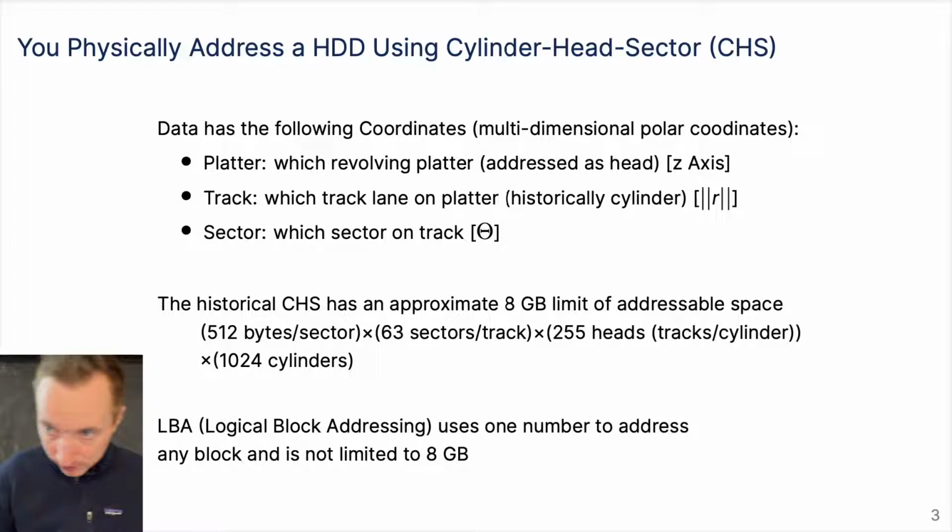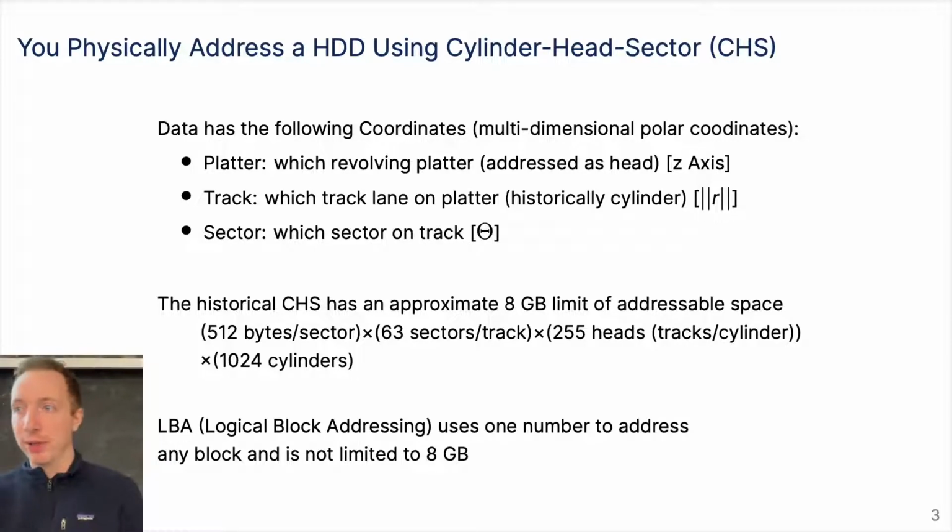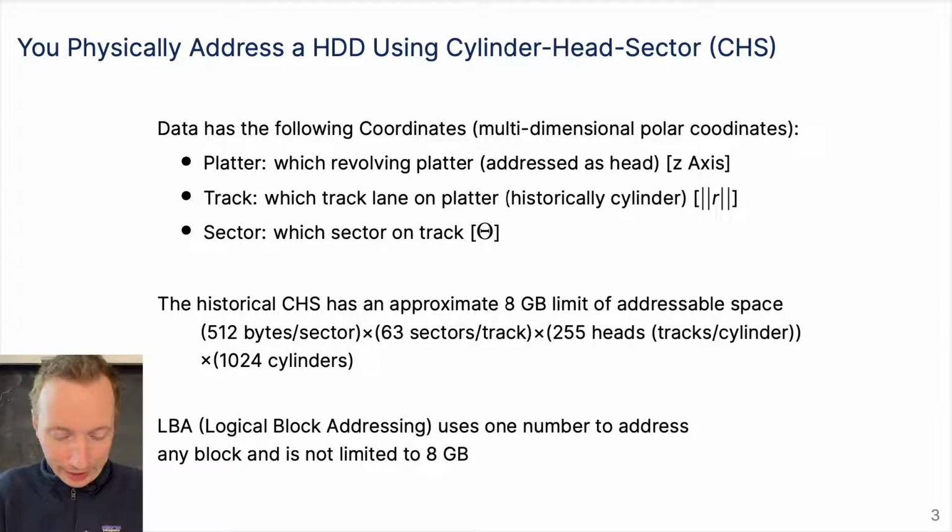So when you are the kernel and you're writing things to access the hard drive, you have to say what sector you want. And you do that by addressing it in this old addressing mode called cylinder head sector. So you give each of those coordinates. So you can think of it as a coordinate where the platter is like the z-axis, so that's which head to write from.